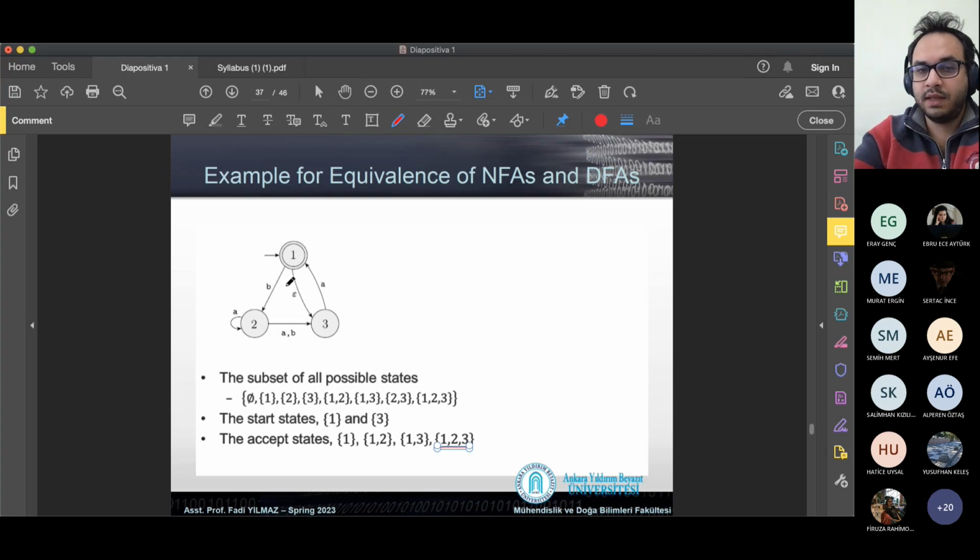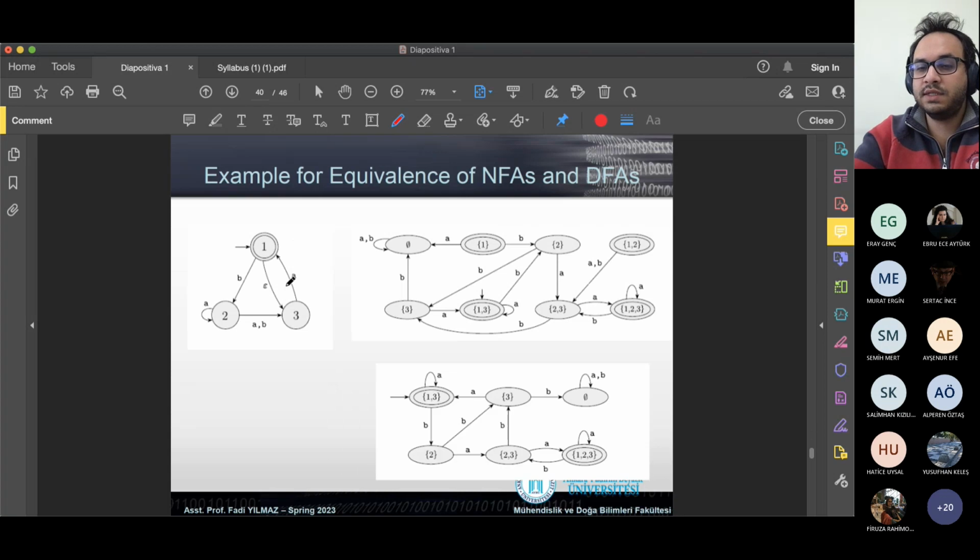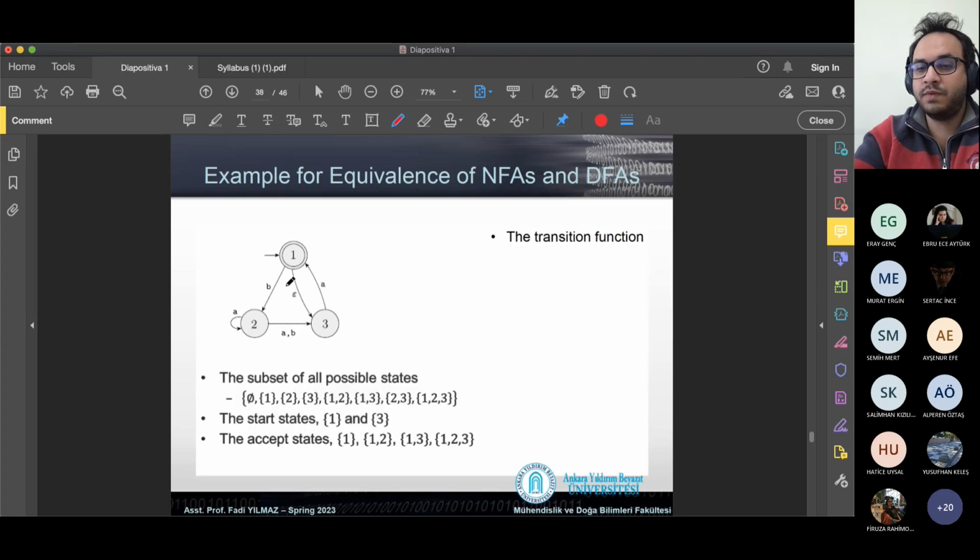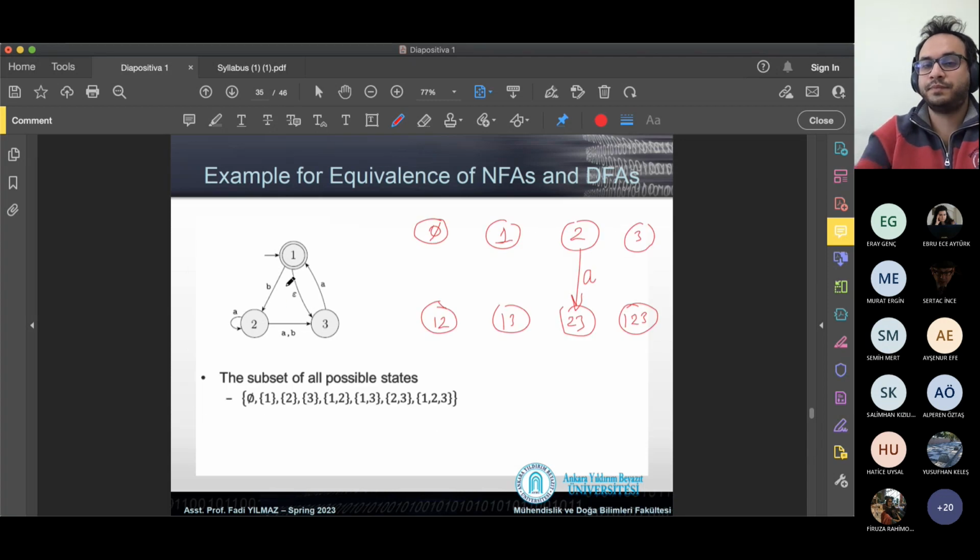Okay, guys? Let's keep going. Then we have to do this transition function. The rules must be put there. So we have 8 of them, right? Let's do it. From 1, let me remove this 2 if I can. Okay, I got it. So how do we do it? You are on 1. Based on input A, what can you do?